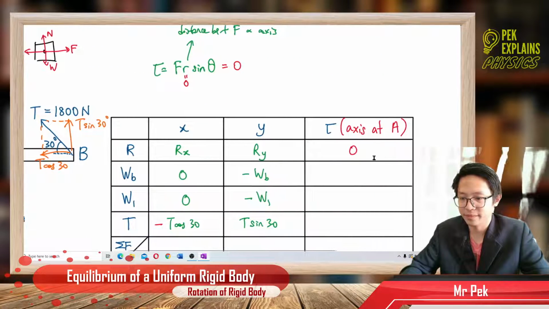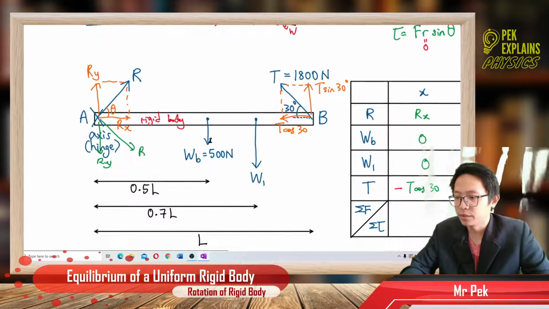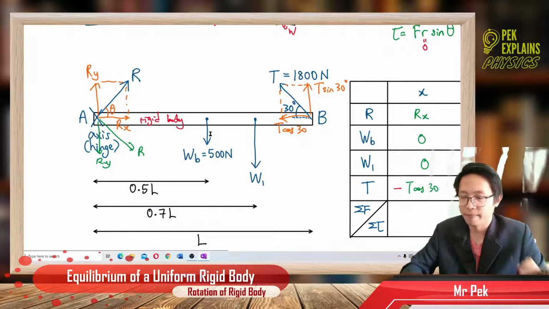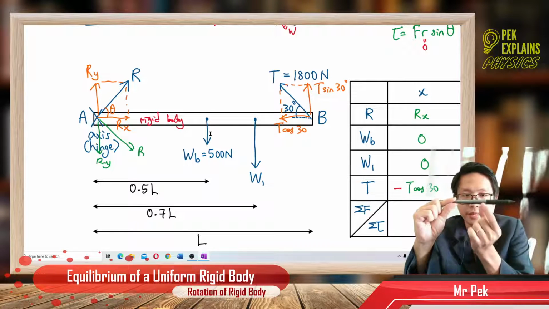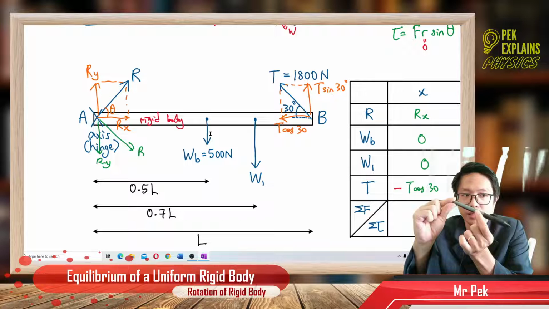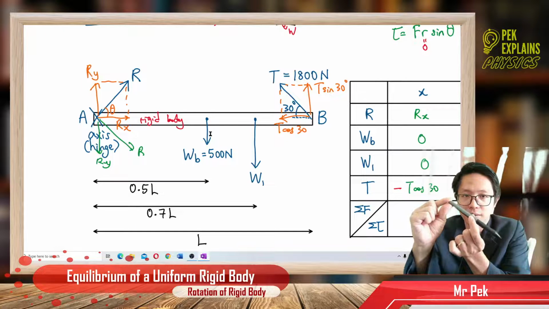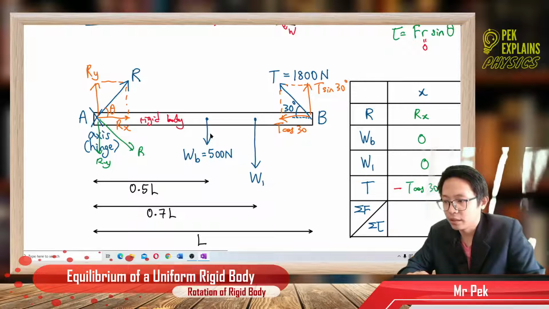Now let's look at the weight of the beam. So this beam can rotate, yeah? Rotate in which direction? You see, the weight of the beam is pulling down, so it rotates clockwise. At the center here, it rotates clockwise.